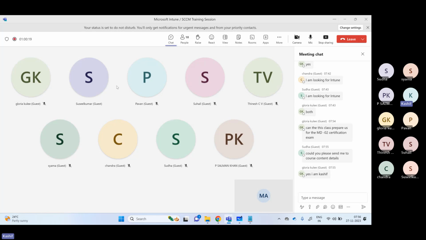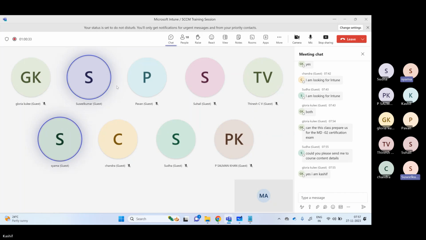Intune has good vacancies, and salary-wise, so far, Intune has been good. I know a couple of people who are drawing 170K per year, as Intune administrators.